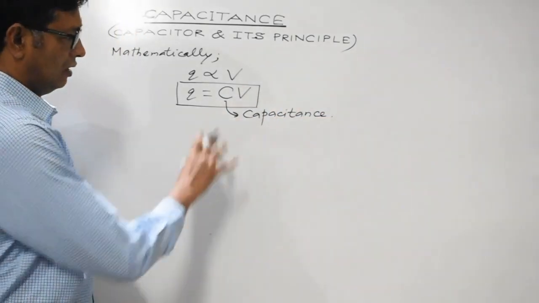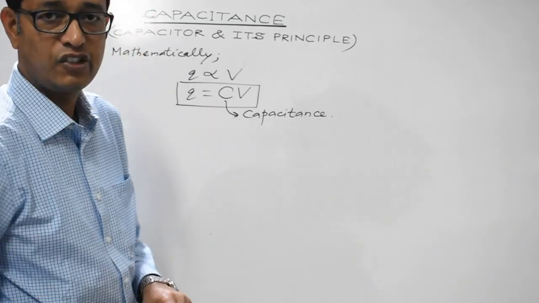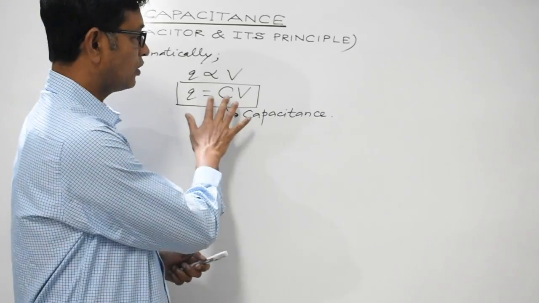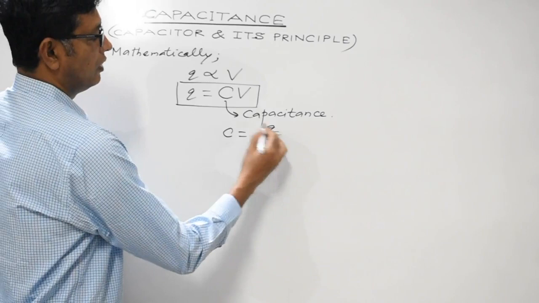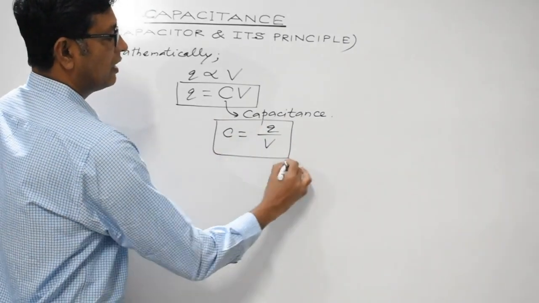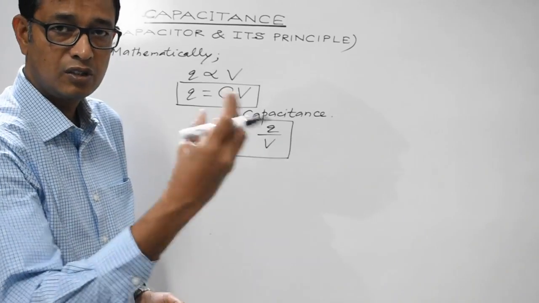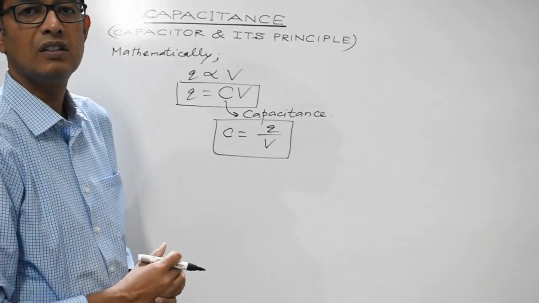Right? It depends on various factors. We'll discuss its SI, its Cgs unit as well. We'll try to define it mathematically as well. So capacitance actually mathematically it may be defined as Q by V. So it may be defined as the ratio of the charge contained in the body to the potential of the body. So that is how capacitance may be defined.